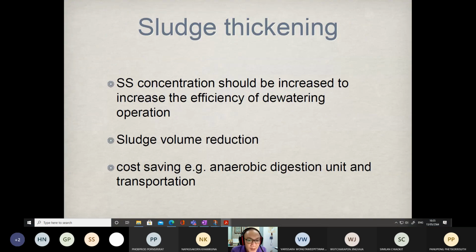Okay, the first step in treating the sludge is the sludge thickener.